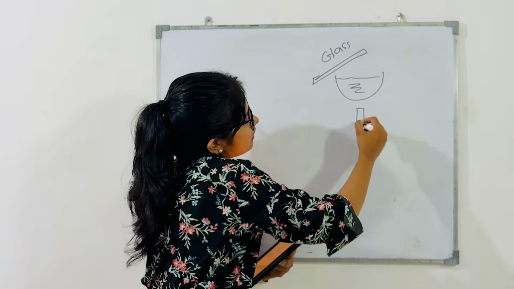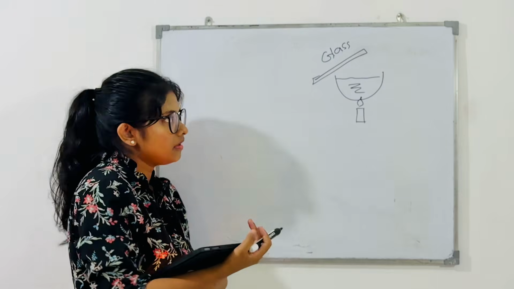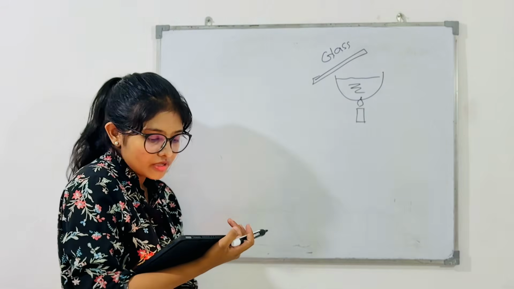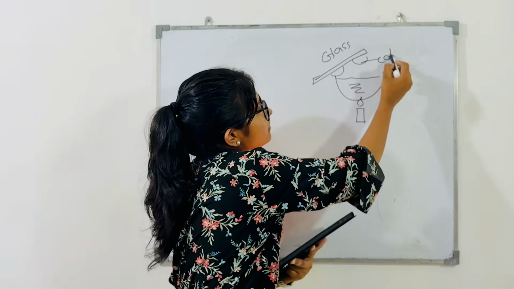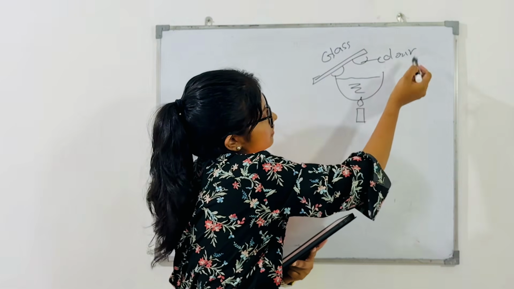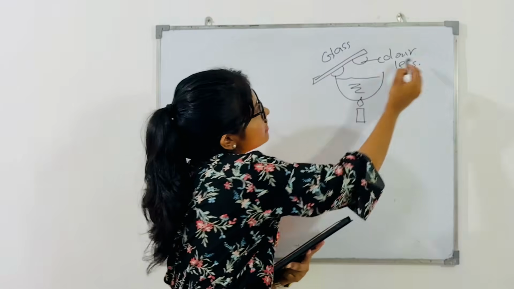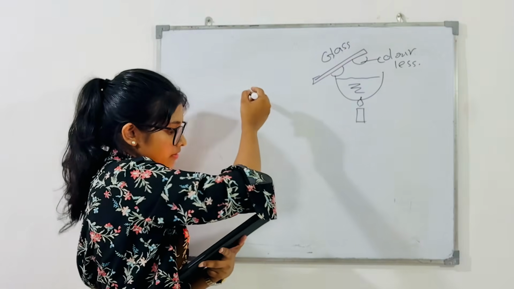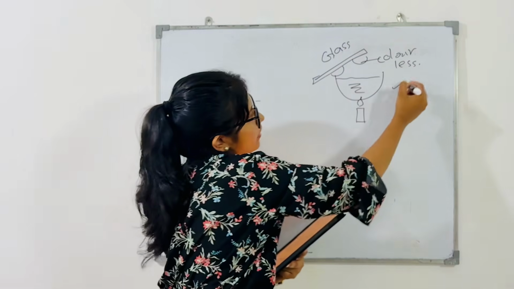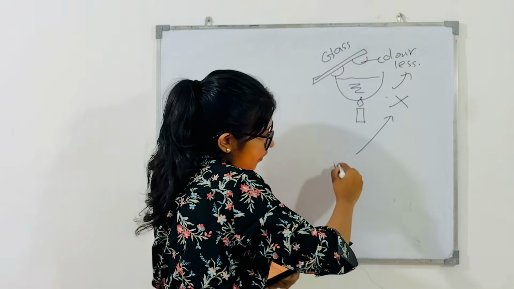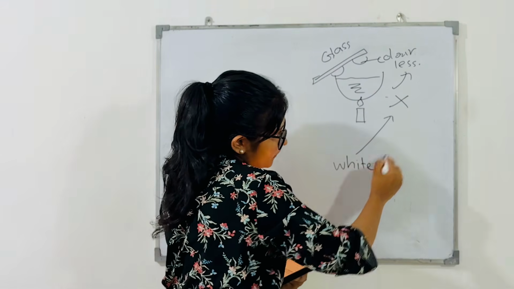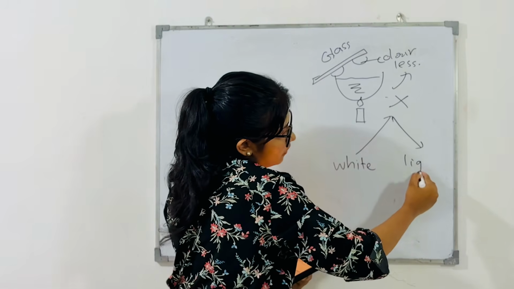So they have seen some colorless droplets here. We don't know what that is. Colorless droplets. And they are putting a substance called X to this. Then X turns from white to light blue.